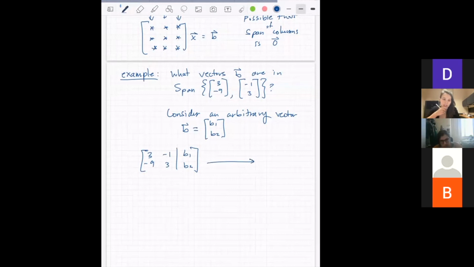So here we can take row 2 and replace it with row 2 plus 3 times row 1, right? And we will get this in the first row, and then in the second row we will get 0, 0, and b2 plus 3 times b1.